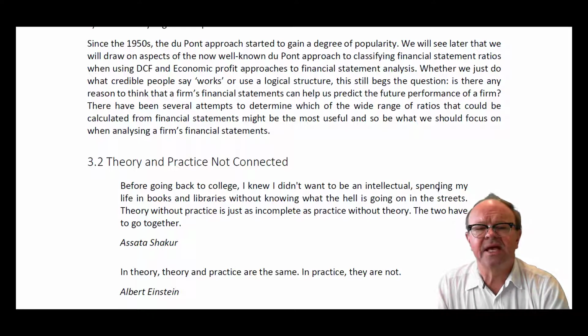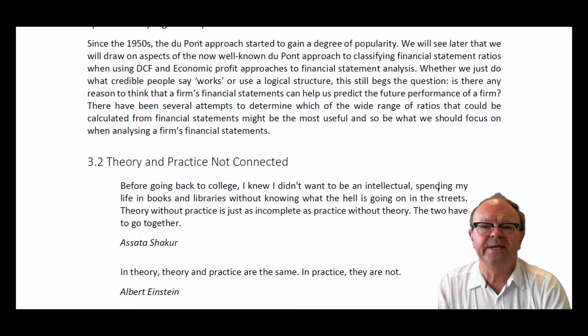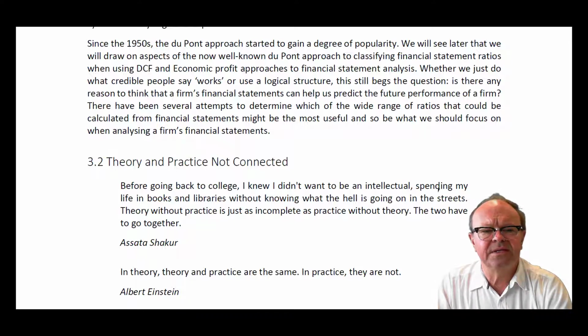Since the 1950s, the DuPont approach started to gain a degree of popularity. We'll see later that we will draw on aspects of the now well-known DuPont approach to classifying financial statement ratios when using the discounted cash flow and economic profit approaches to financial statement analysis.